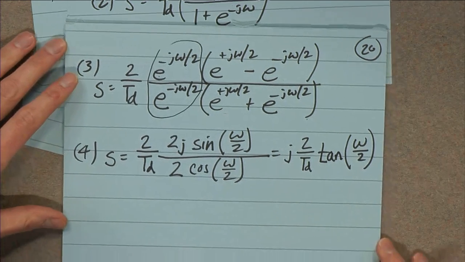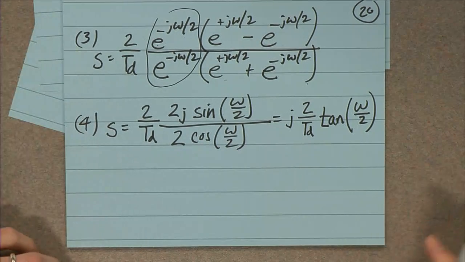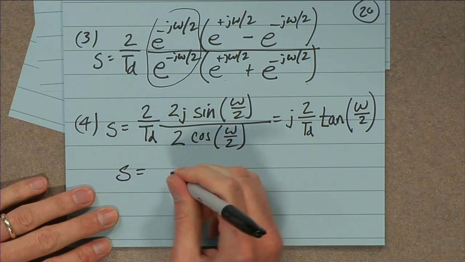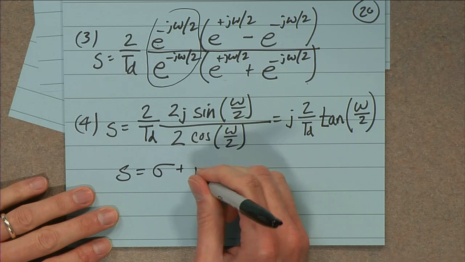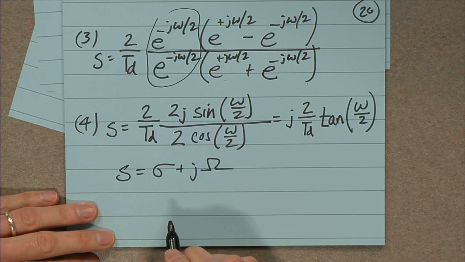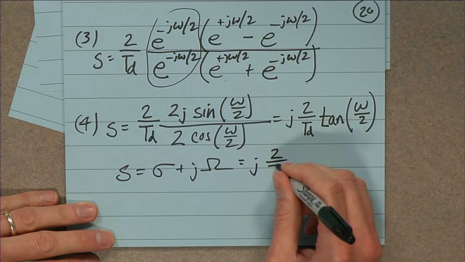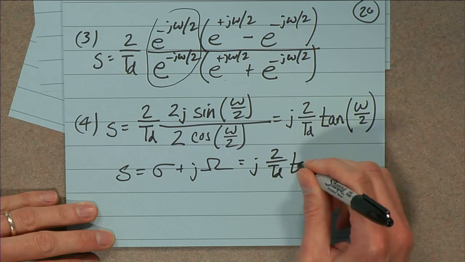So now we're getting pretty close. We've got a relationship between s and little omega. And now we have to remember s is just a complex number. So to figure out the relationship, we're going to match the imaginary with the imaginary and the real with the real.